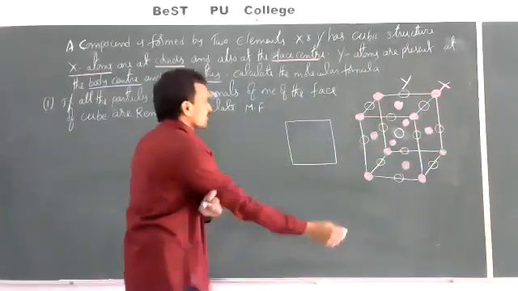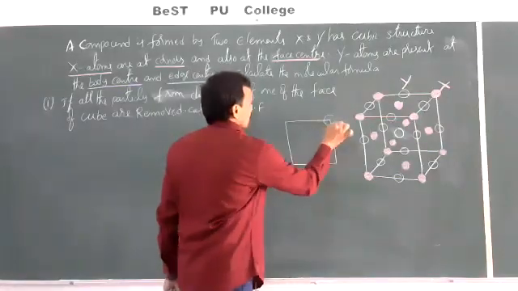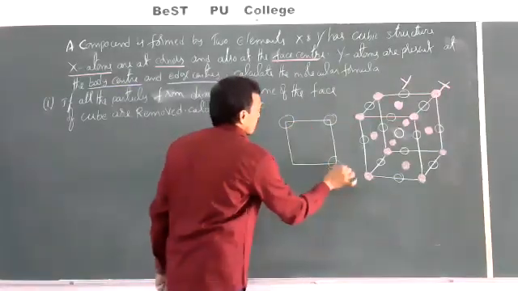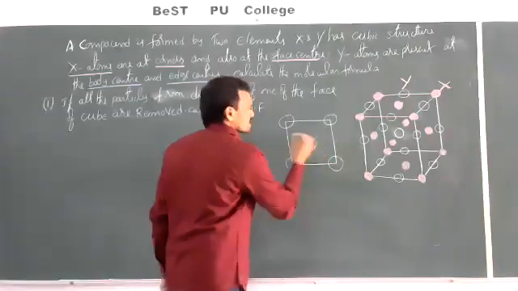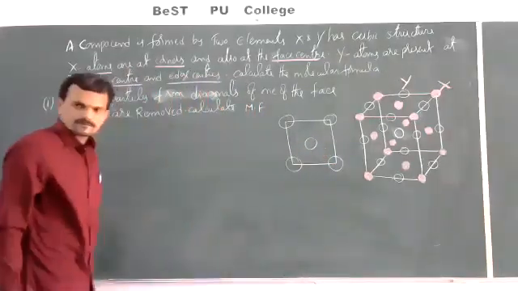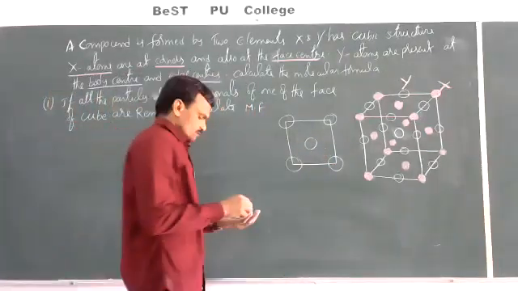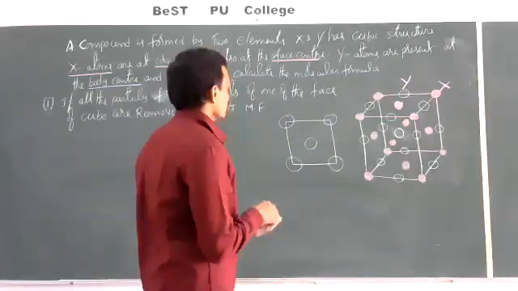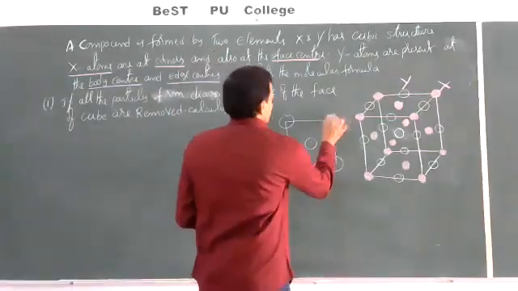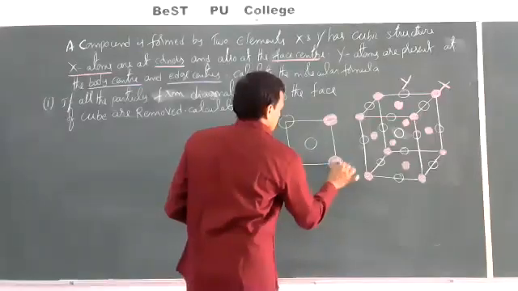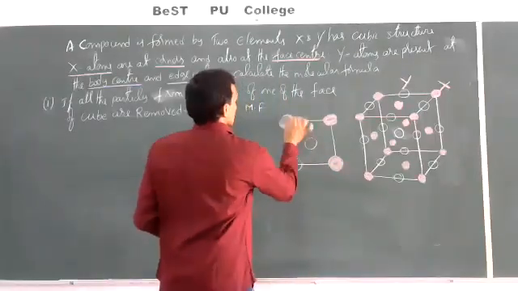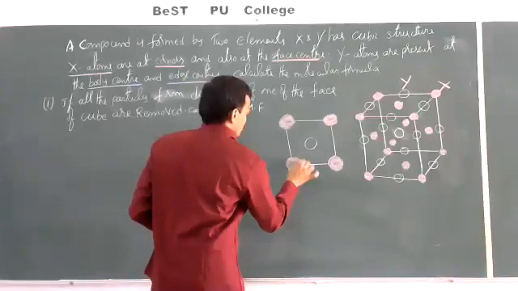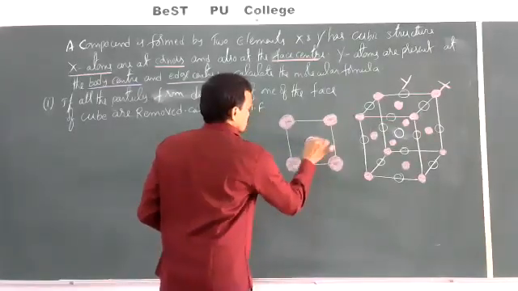Now the face consists of particles at corners and face center. It's like this: 1, this is 2, 3, 4 corners and 1 face center will be there.